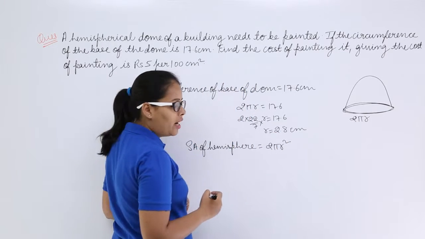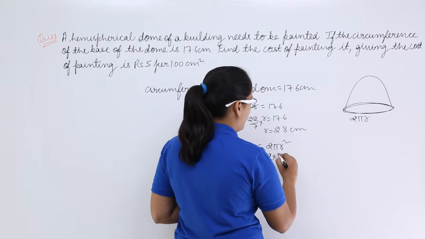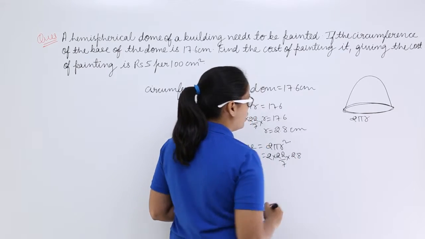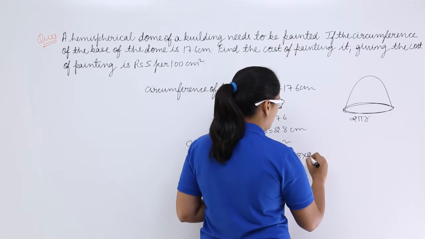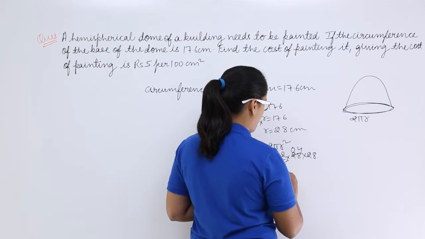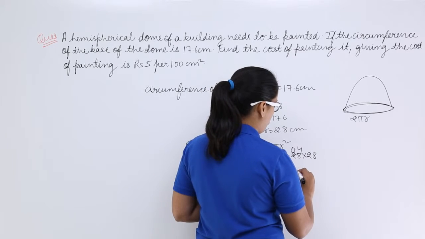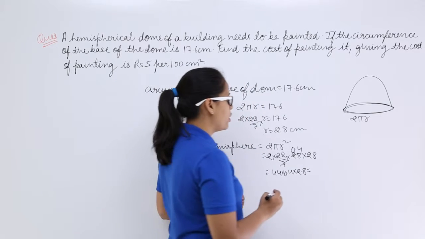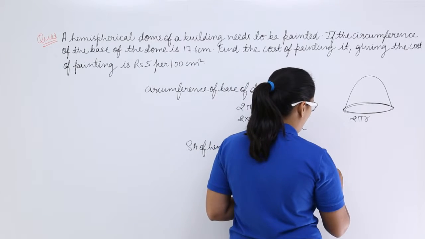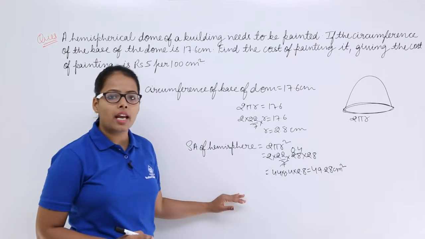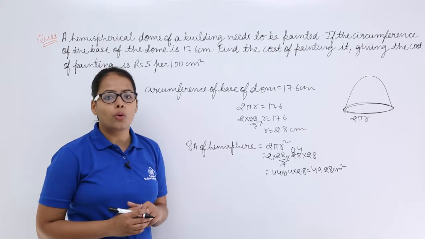You know the value of r, so let's put this value here. 2.8 into 2.8, and 2 into 22 by 7 gives 44 by 7, which is 0.4 in simplified form... 44 into 0.4 into 2.8. On evaluation, what you will be getting? You will be getting 49.28 centimeter square as the area of this dome.